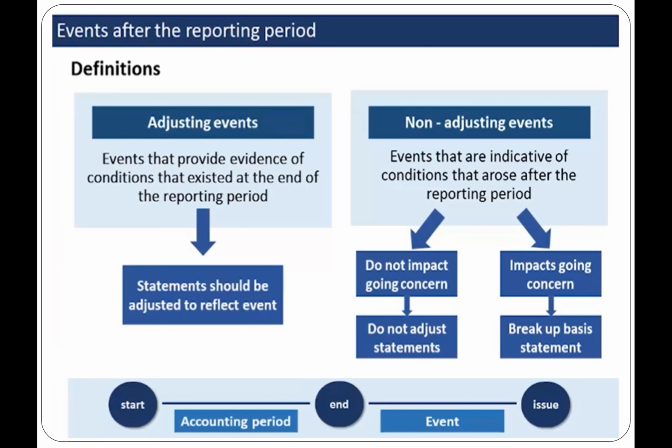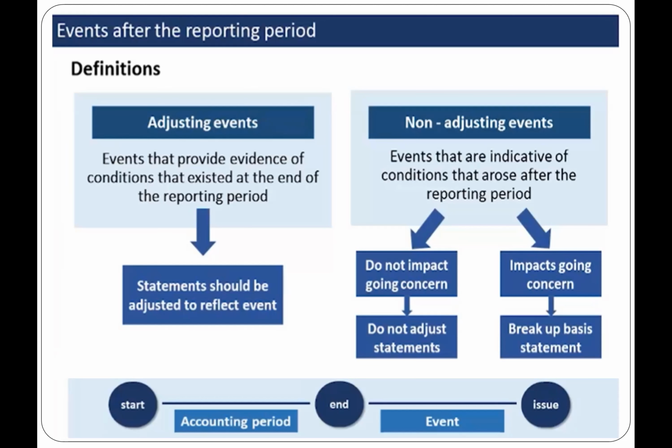Our year end is 31 December. We estimate that the value of the stock that was destroyed by fire is 50,000. But at the end of the year, we reported our inventory as 200,000. We don't need to go back and adjust the figure, because as of 31 December, the stock was still there.